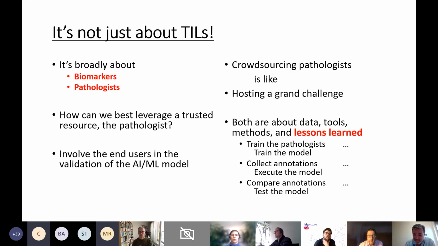And this is being done by the following three principles. The pathologists are trained by lectures, webinars, etc. This is the job of the working group. Pathologists are crowdsourced from the working group to collect the annotations. And then at the end, we will compare the annotations to see to what extent they are variable between pathologists.